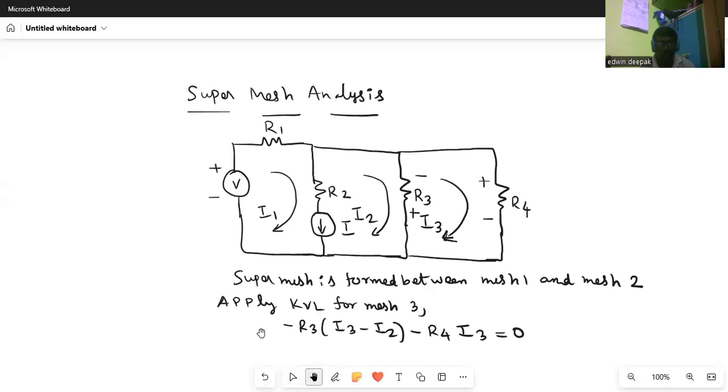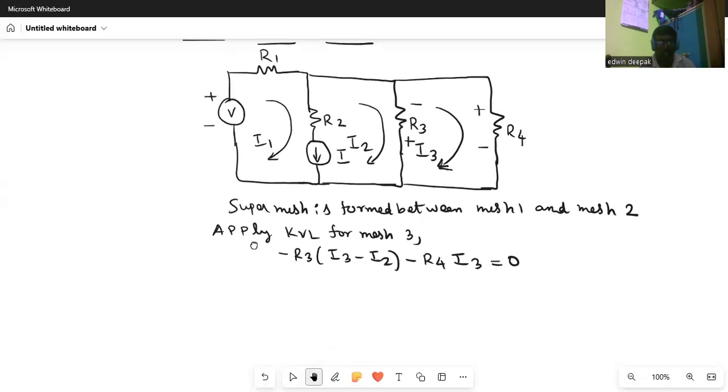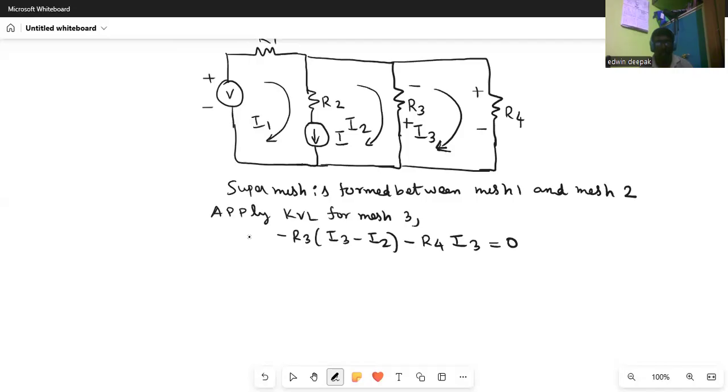Rewriting this equation, we get R3 into I2 minus (R3 plus R4) into I3 is equal to 0. So this is the first equation.